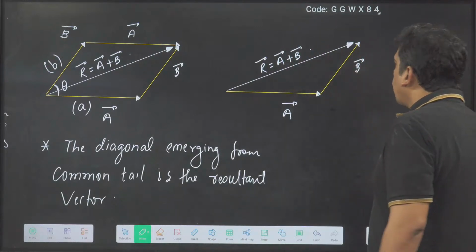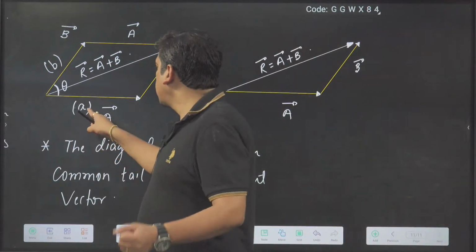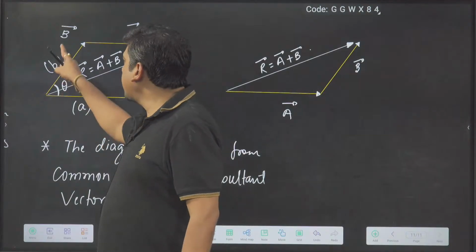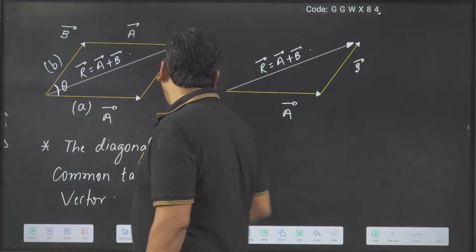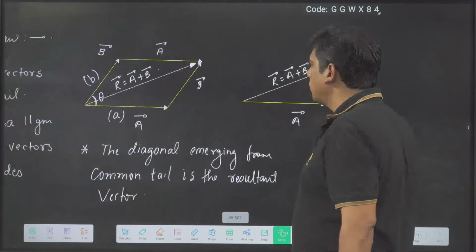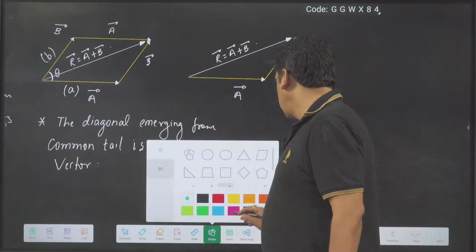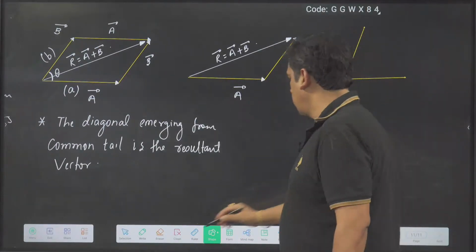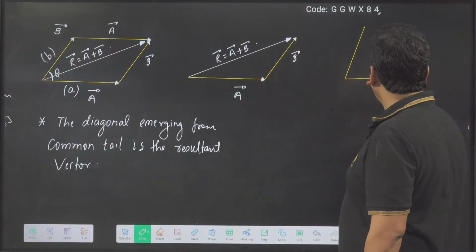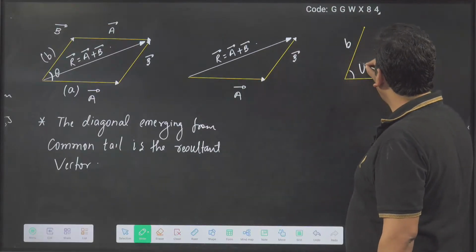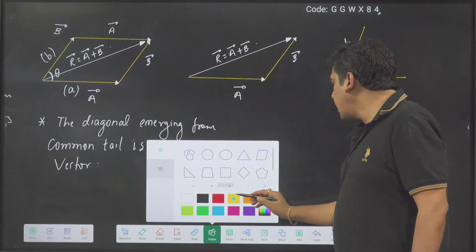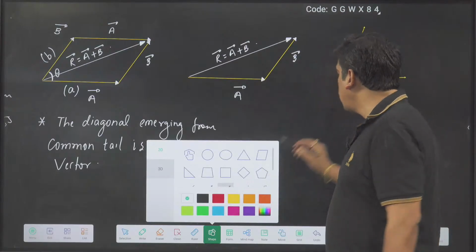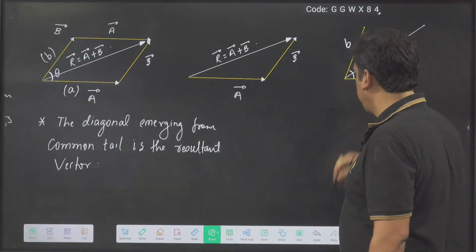Okay? So you should know three things: the magnitude of A, the magnitude of B, and the angle between the vectors. Then the resultant lies somewhere between them.